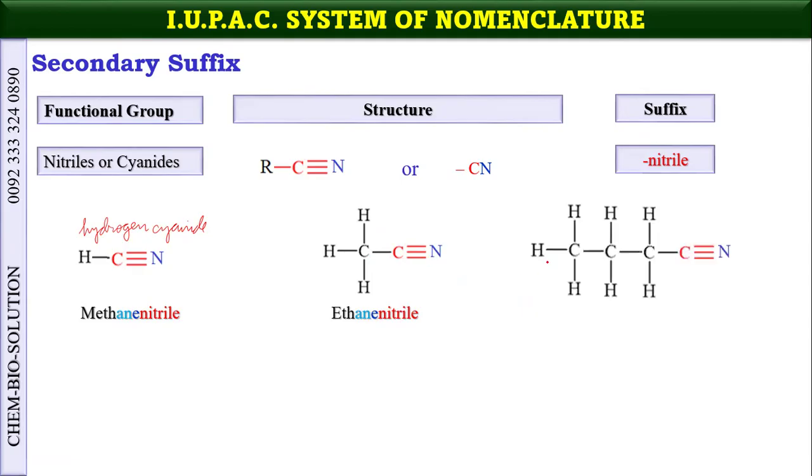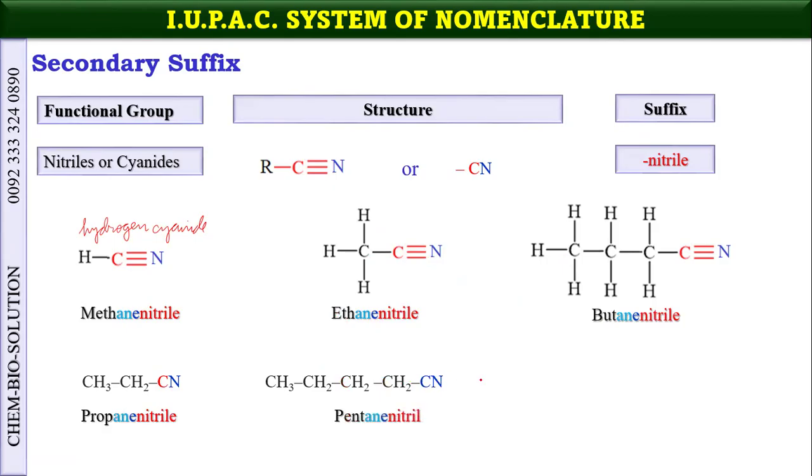Ethane nitrile. 1, 2, 3, 4, butane nitrile. Propane nitrile. Pentane nitrile. And this is 1, 2, 3, 4, butane dinitrile. Here we have written the E. Everywhere we have written the E because the first letter of the suffix is a consonant. Okay.